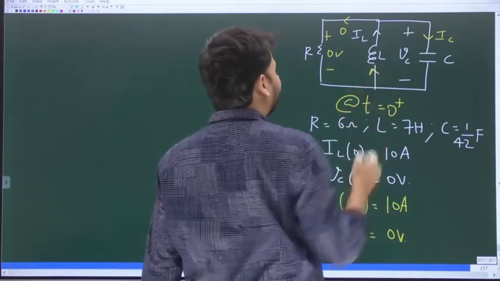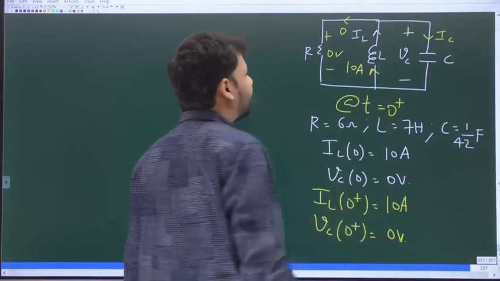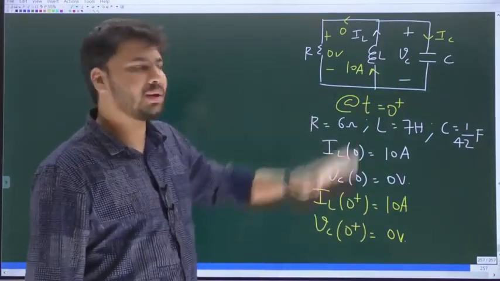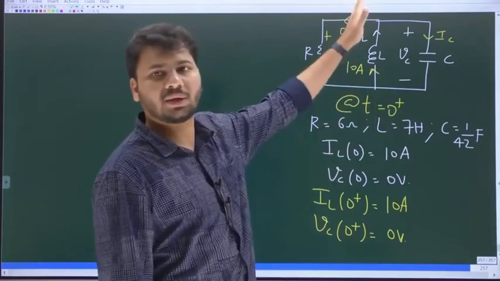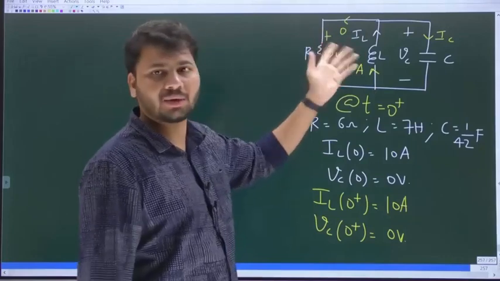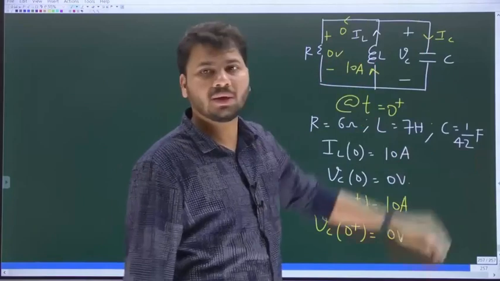What about the current through the inductor? IL of 0 plus is 10 amps, in the upward direction. Can this 10 ampere current flow through R? No, because the current through R is 0. The only way the current through the inductor can flow is through the capacitor.